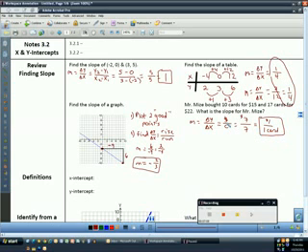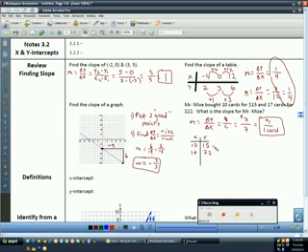Another way to do this is to create a table. You still have to know what is X and what is Y. So if 10 cards cost $15, I could write it like this. 17 cards cost $22.